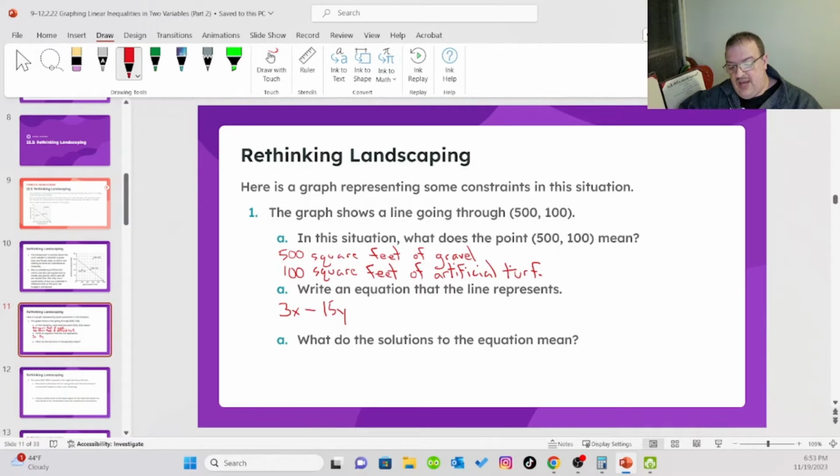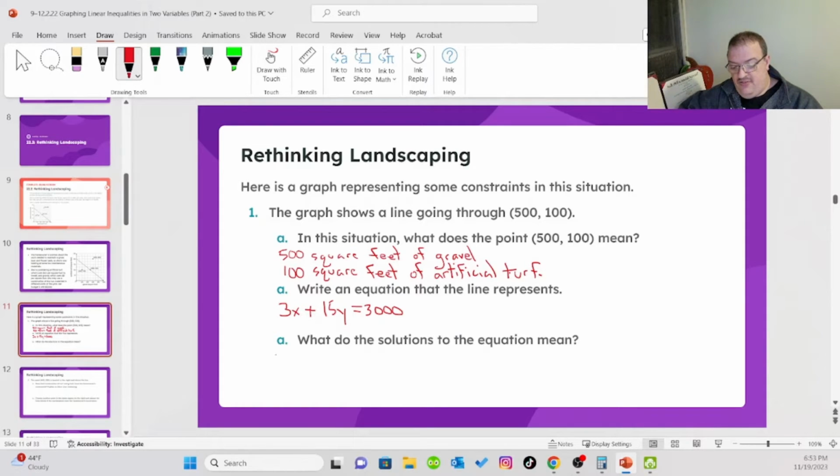Now, if we add the cost of the gravel plus the cost of the artificial turf, that would equal the $3,000 budget. So this would be the equation that represents the line. What do the solutions to the equation mean?